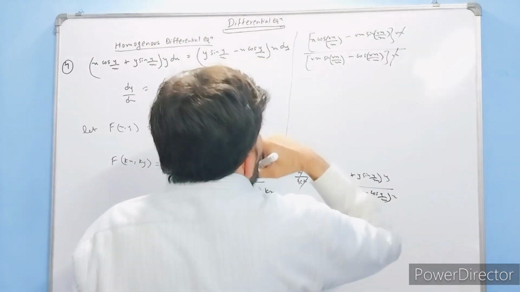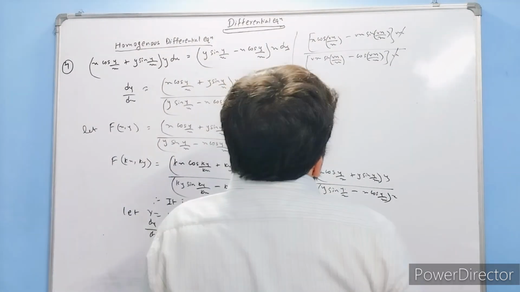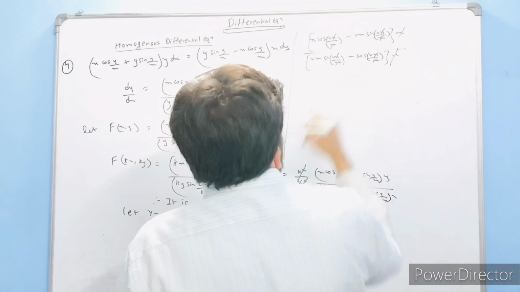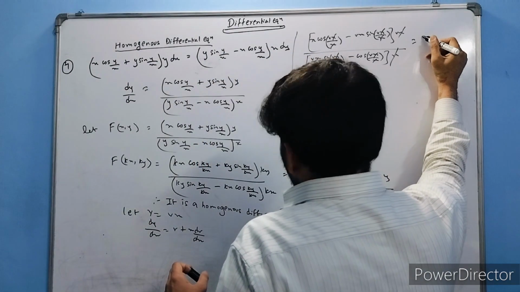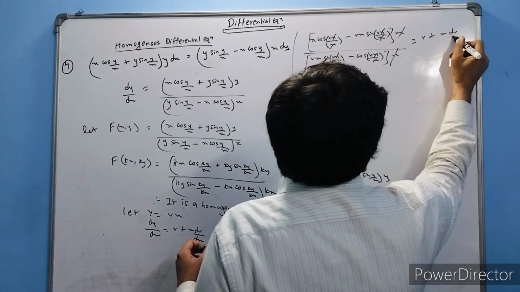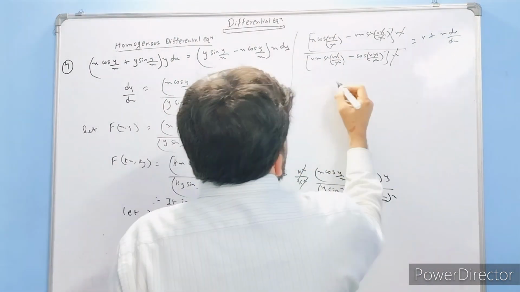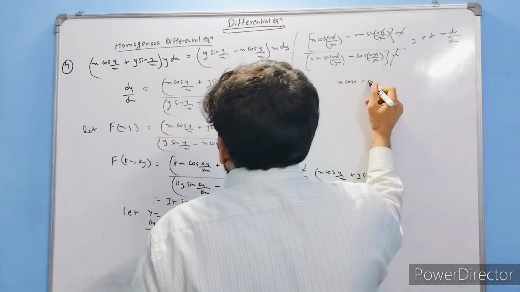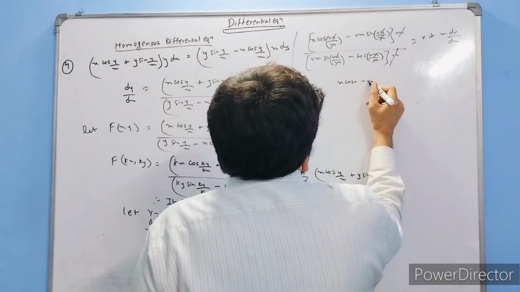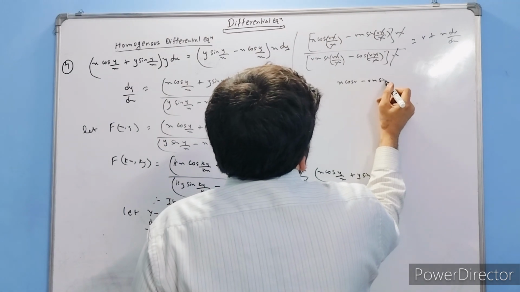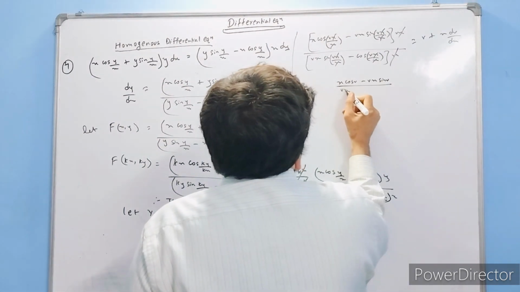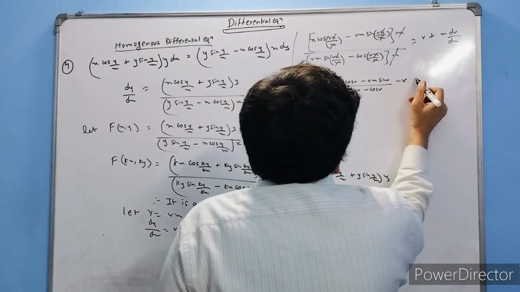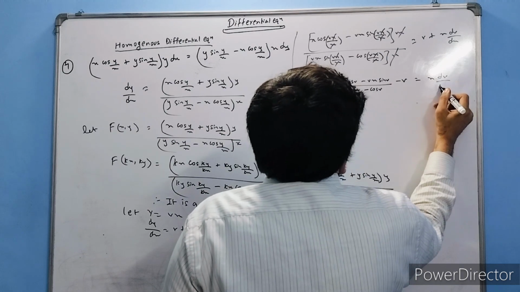Okay, now what we can do here, we'll reduce this, no? It is equal to v + x dv/dx. So we have x cos v minus, y we have put as vx, vx sin v upon vx sin v minus cos v, minus v is equal to x dv/dx.